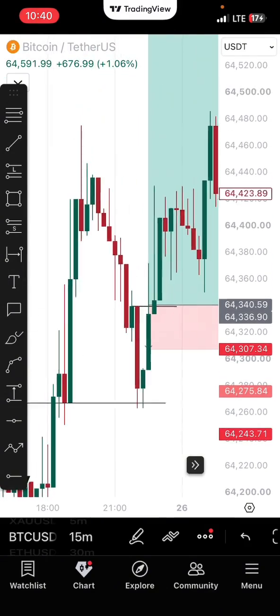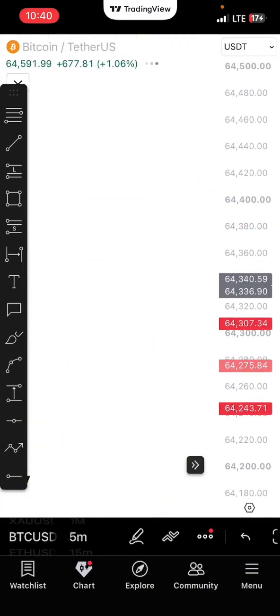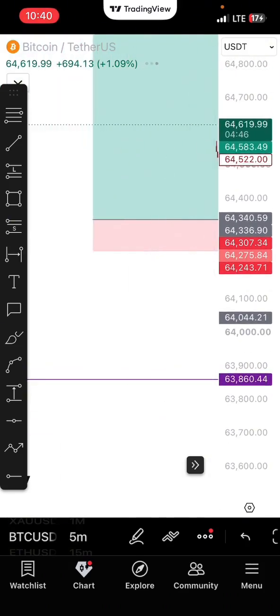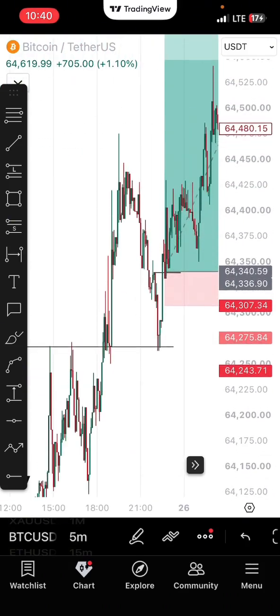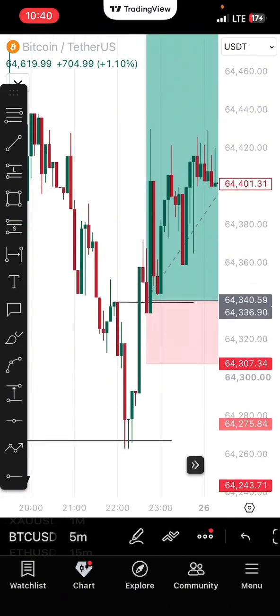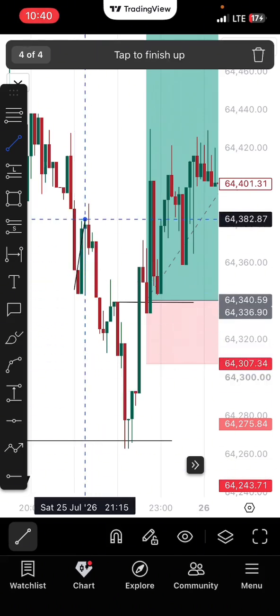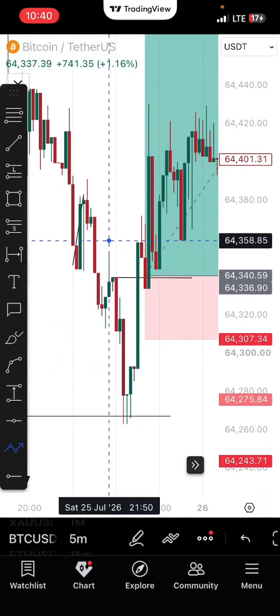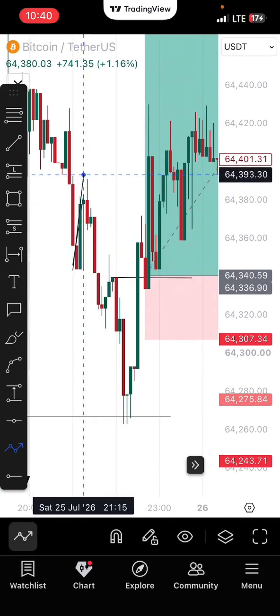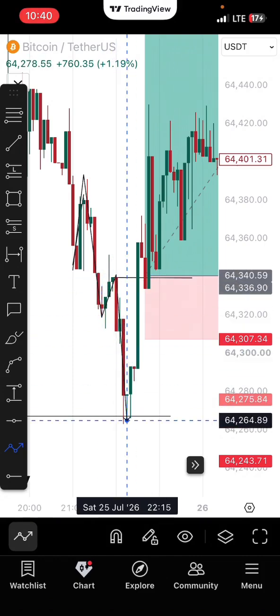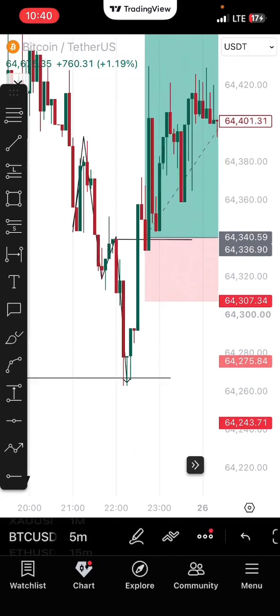So I waited patiently, waiting for an entry. I waited for 5-minute time frame. On 5-minute time frame, what did I see next? I saw this. This was a very clear break and retest, something like higher high, higher low. We had this higher high, higher low, higher high, higher low, then break.